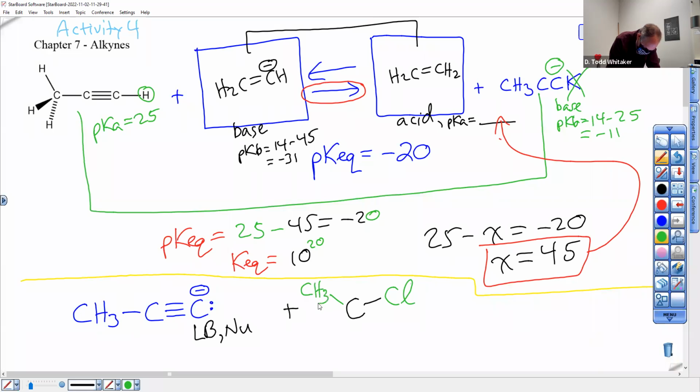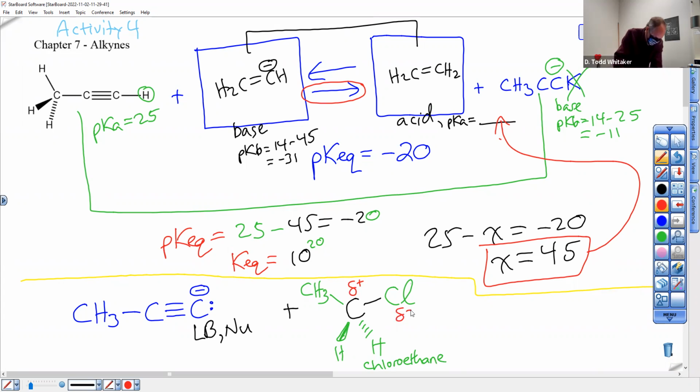So maybe 1 more carbon and a couple H's. That's ethyl chloride or chloroethane. And the most important thing is the carbon being bonded to chlorine.